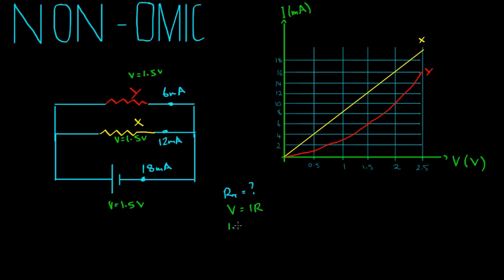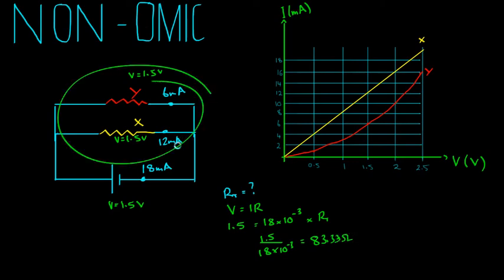The voltage of the battery, 1.5 volts, is equal to the current, which is 18 times 10 to the power of negative 3 amps, times the total resistance, so 1.5 divided by 18 times 10 to the power of negative 3 is equal to 83.33 ohms. So that is the resistance of this circuit here.